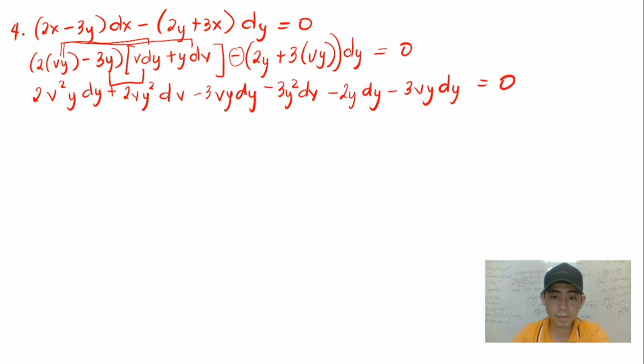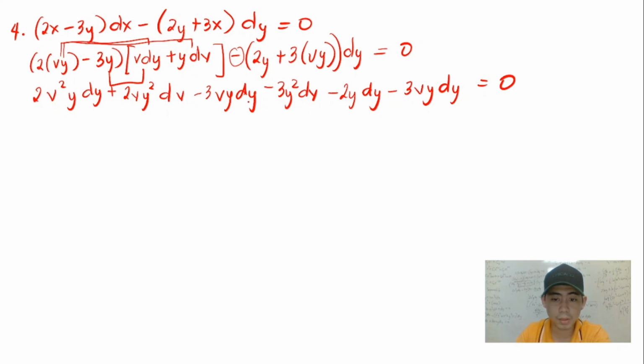Okay? So, kung mapapansin nyo, meron tayong similar terms. Okay? So, hanapin natin kung meron man. So, tingnan natin, double check. 2vy squared. 2vy squared. 3vy squared. Okay? So, 3y, 3y.